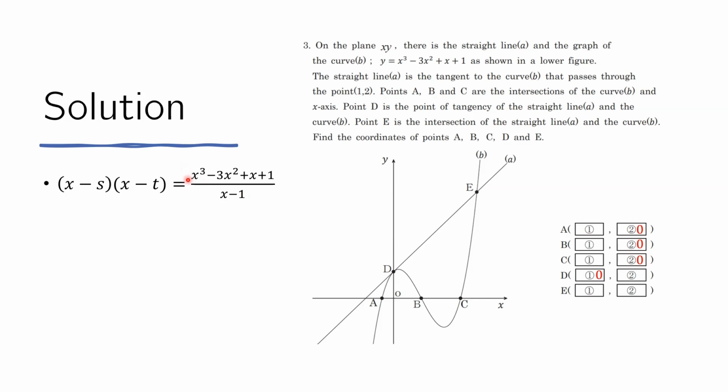And now we can do the long division here, and when we do that, what we obtain is the following. That means the factors of this expression are x minus s and x minus t. So we need to factor this expression.